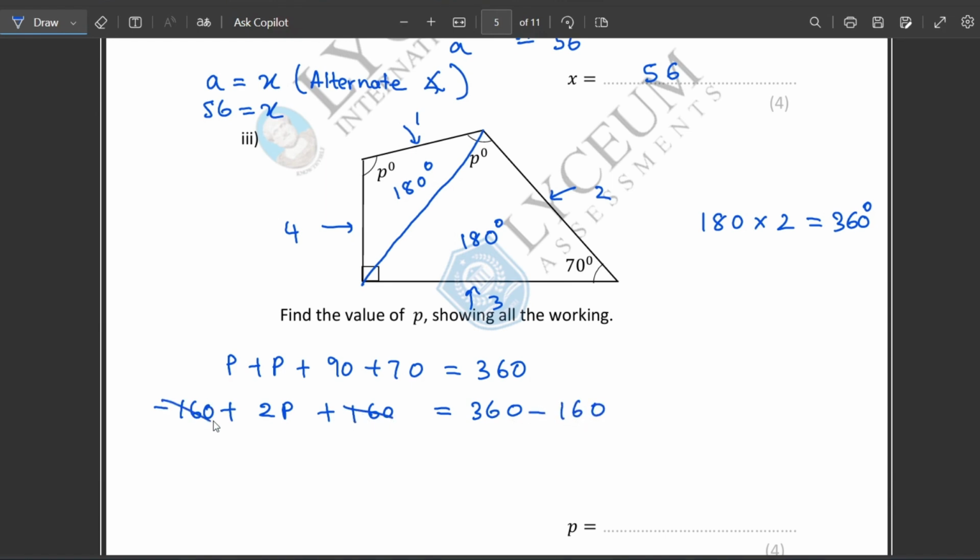These two cancel out. 2P equals 200, then P equals 100. Reason for this is sum of angles of the quadrilateral.